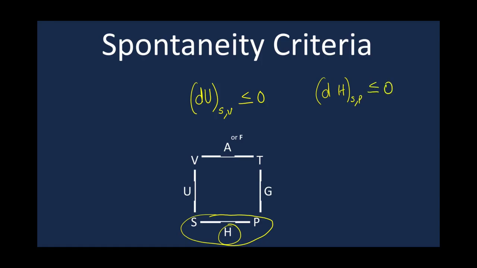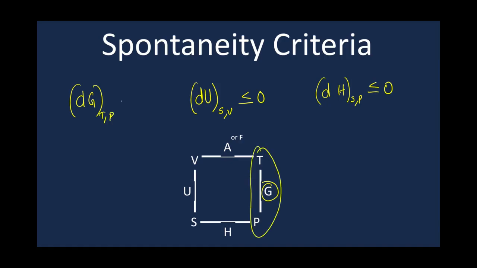Similarly we can write for dG at constant temperature and pressure, less than or equal to 0. And also you can write for A: dA at constant volume and temperature is less than or equal to 0.